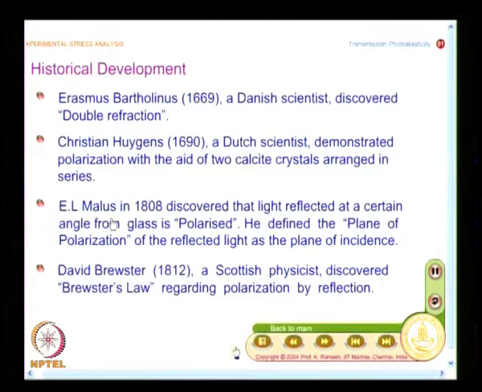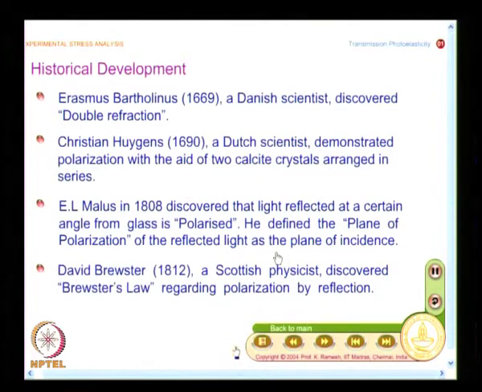So, if you look at, we want a plane polarized beam of light, and if you look at these names, they are the celebrated people in the field of physics, and for each one of them you have laws associated with them, and Huygens principle is very famous in wave optics.